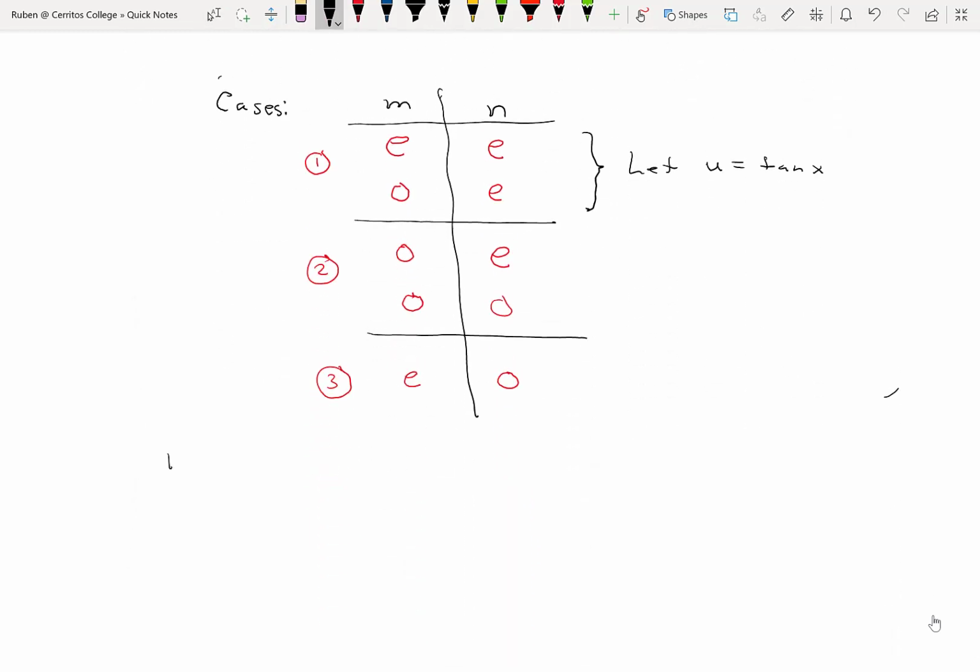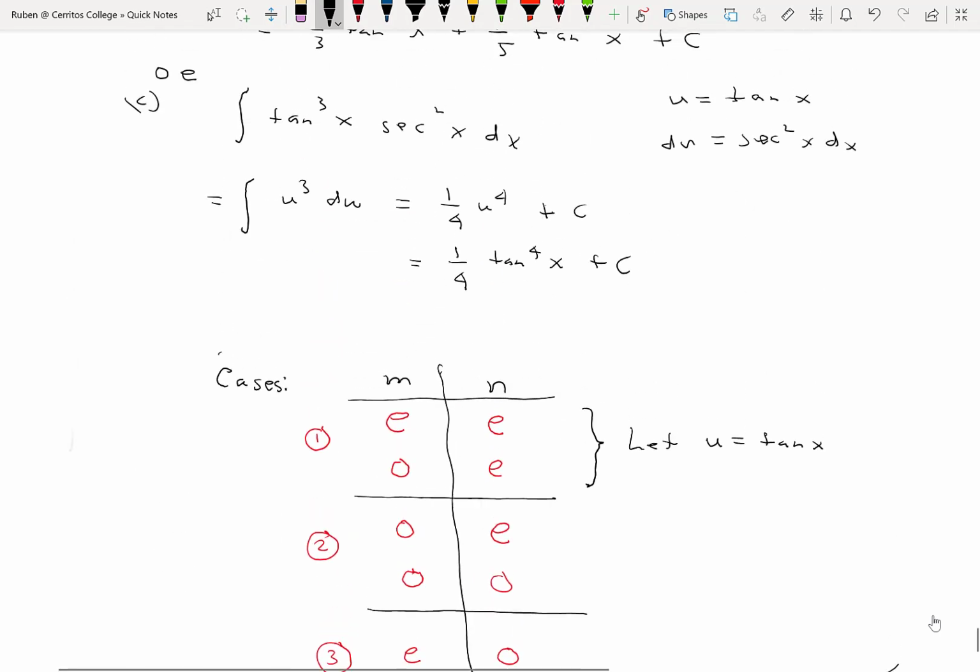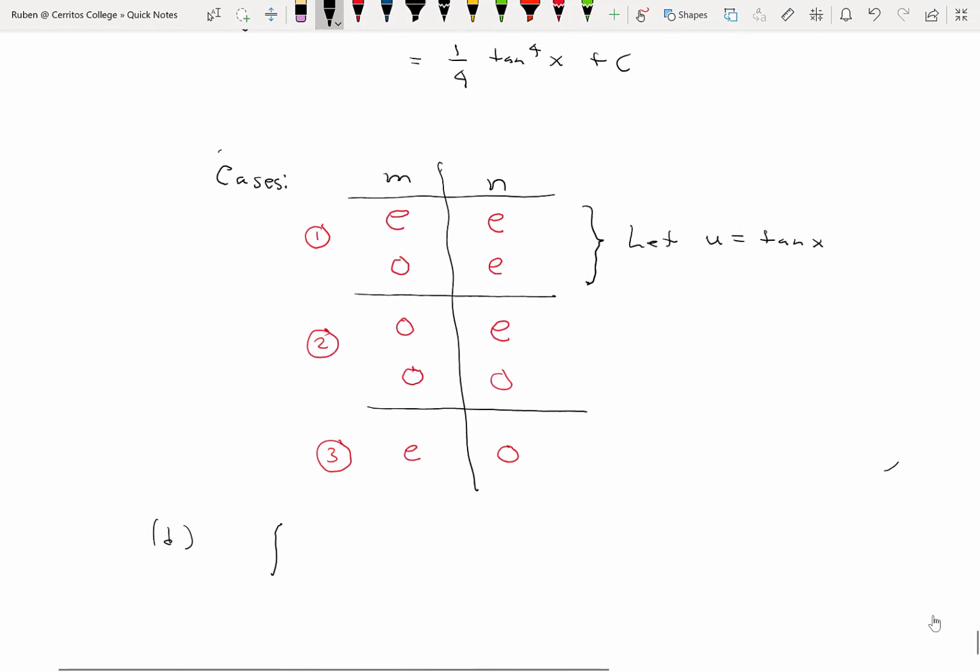So D. I want to look at the same case, tangent cubed, secant squared. But now I want to consider this as case 2, odd, even.